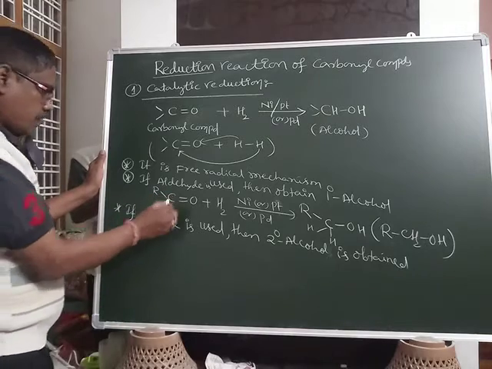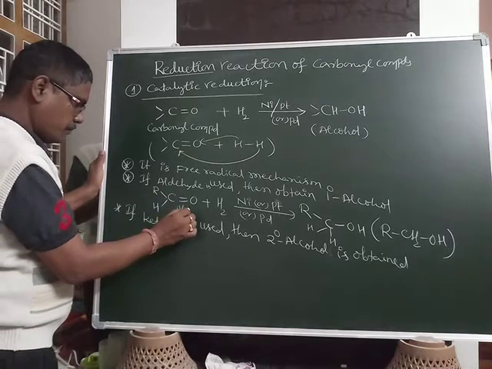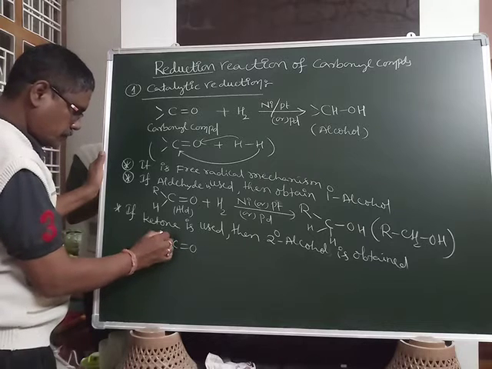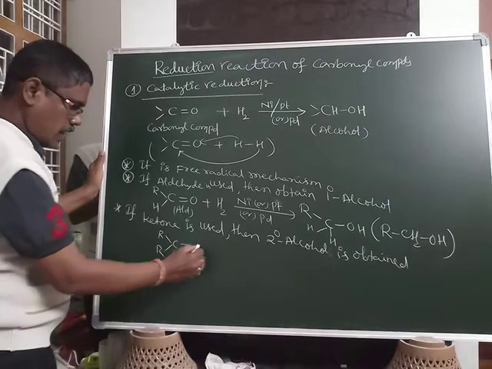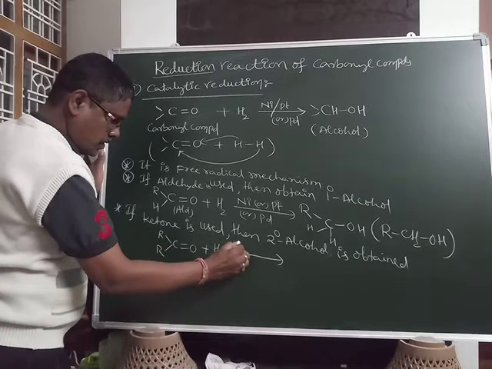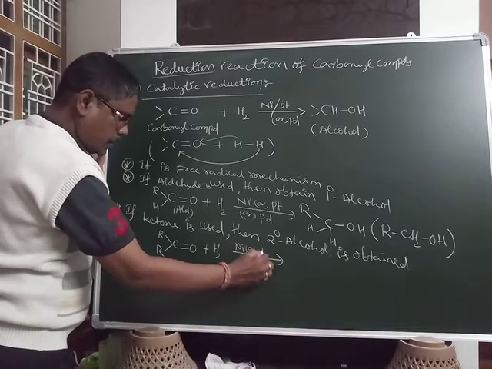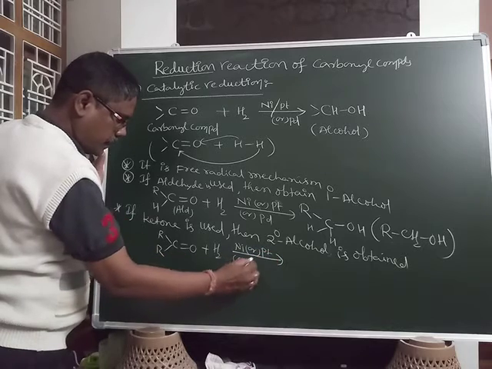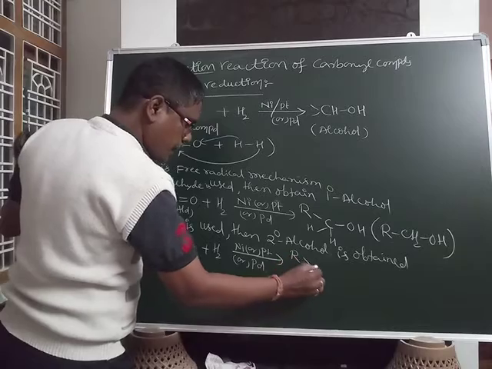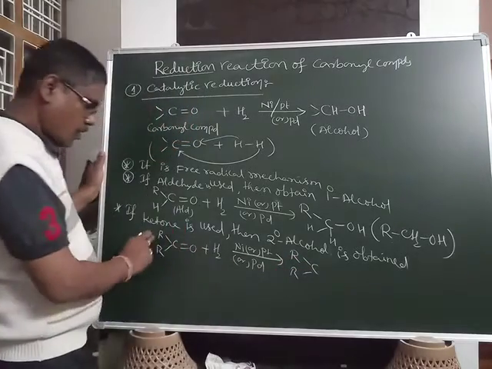Here this is the aldehyde, this one is the ketone. With hydrogen in the presence of nickel or platinum or palladium, we obtain R, and R is already present, two R's.